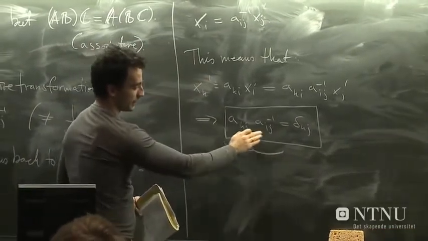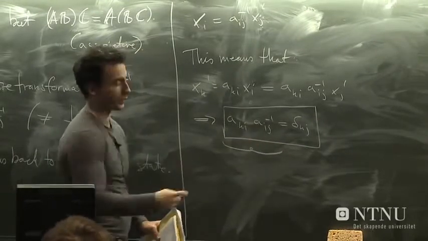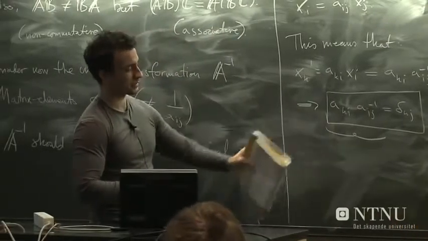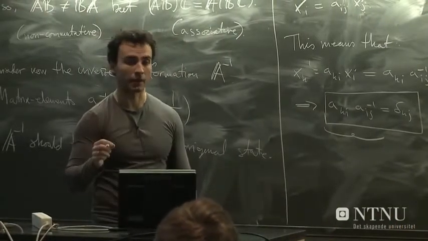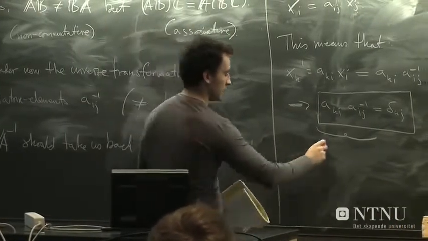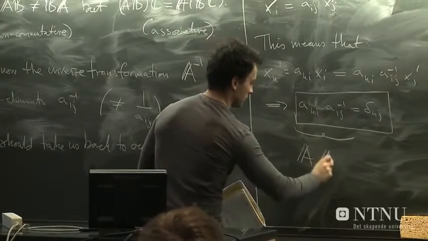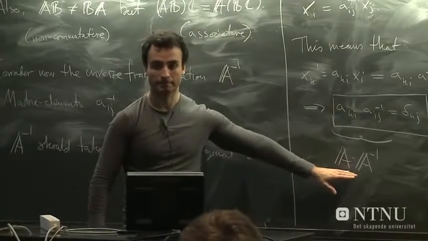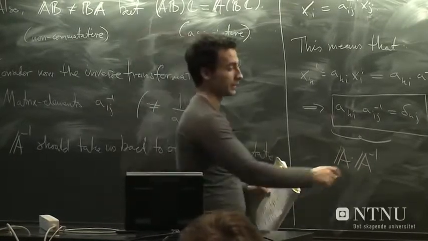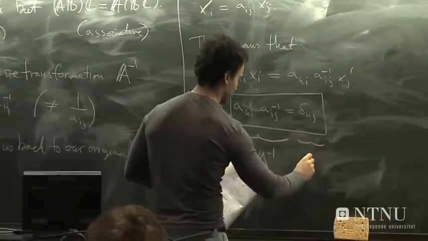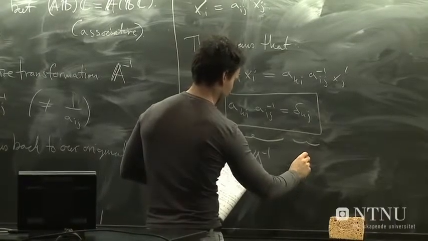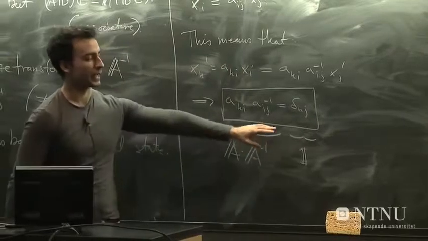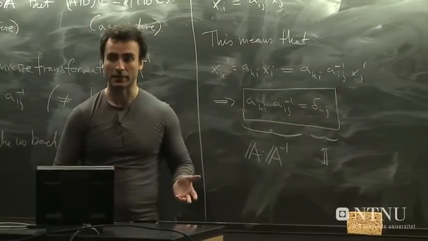If we now inspect this sum, because it's a sum, we have repeated indices i here. You see that this is just a way to write out element-wise the product between these two matrices. Whereas this is just the matrix elements of the identity matrix.